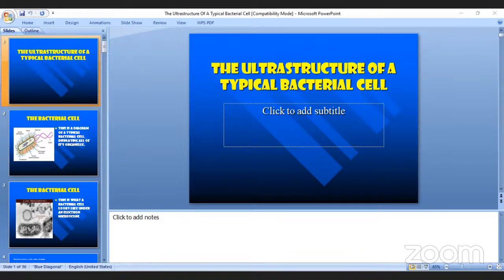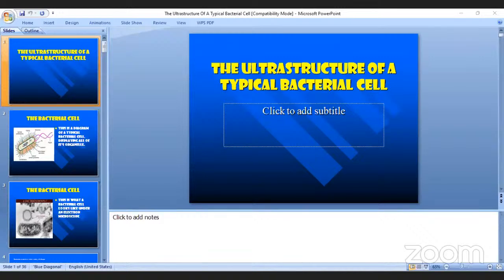Yes, sir, in prokaryotic cells the nucleus is absent, which is present only in eukaryotes. What is present only in eukaryotes? Nucleus, sir. Nucleus is present in eukaryotes, okay. But in prokaryote it is absent, along with ribosomes, cell membrane, cell wall, everything.